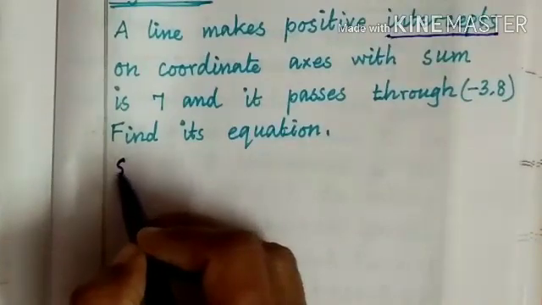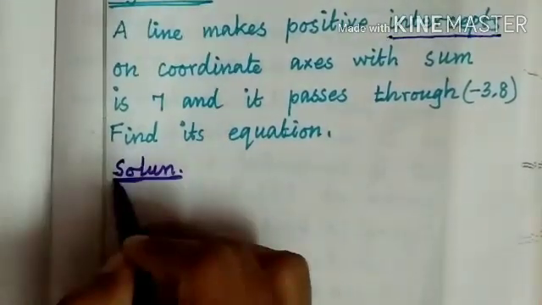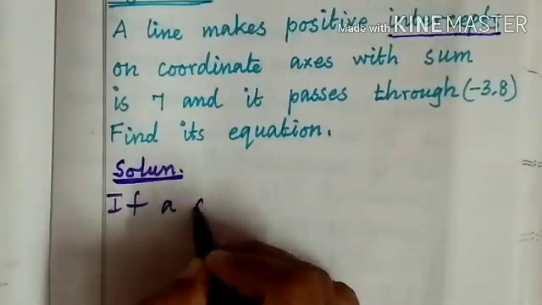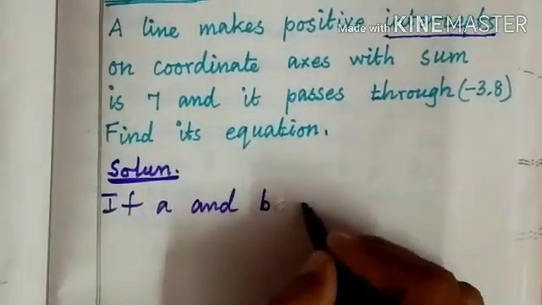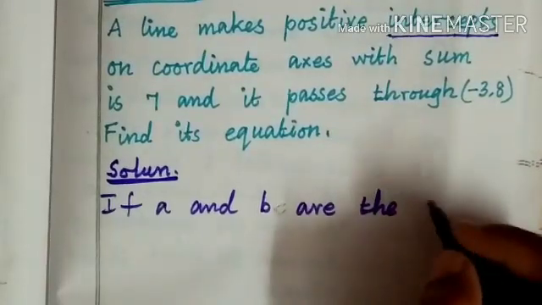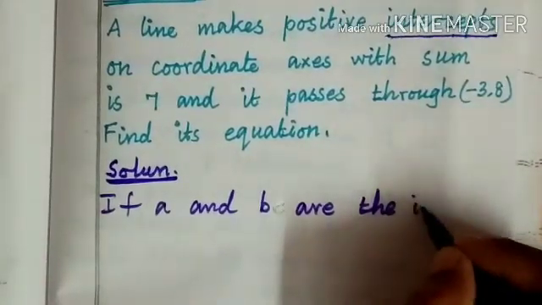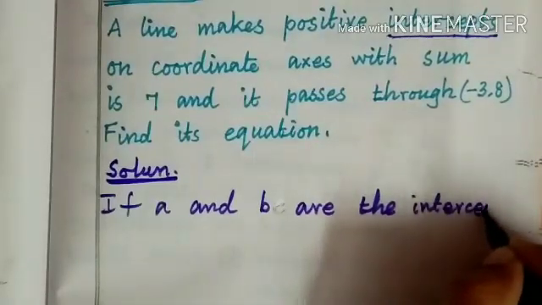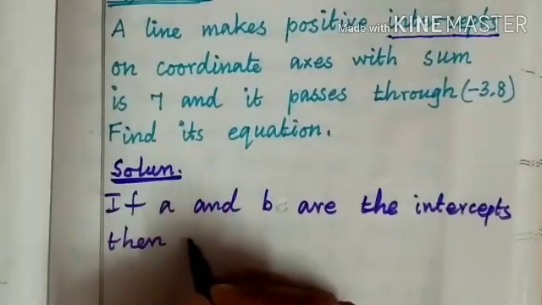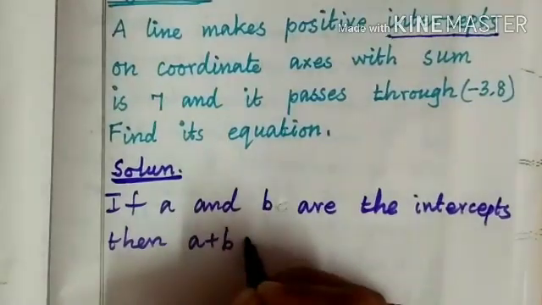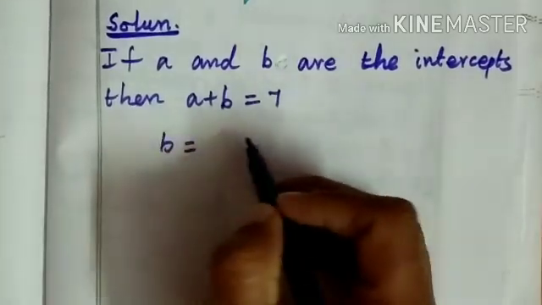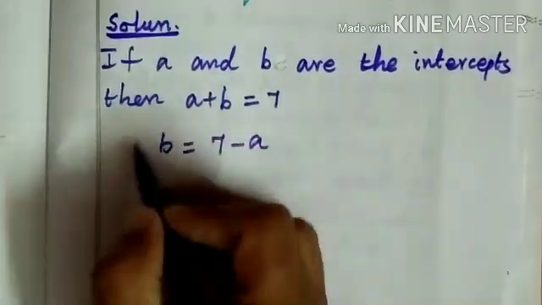Let us see the solution. If a and b are the intercepts, then their sum, that is a plus b, is equal to 7. Here b is equal to 7 minus a.